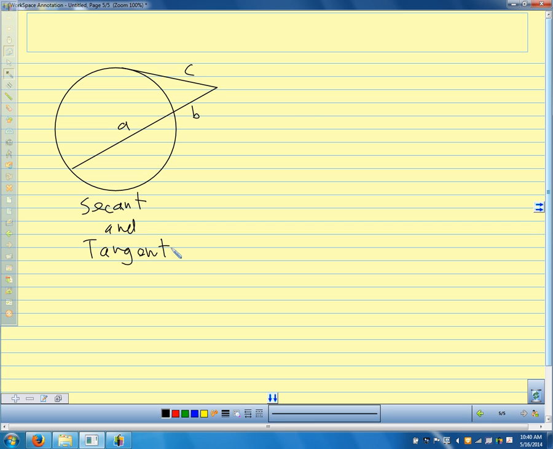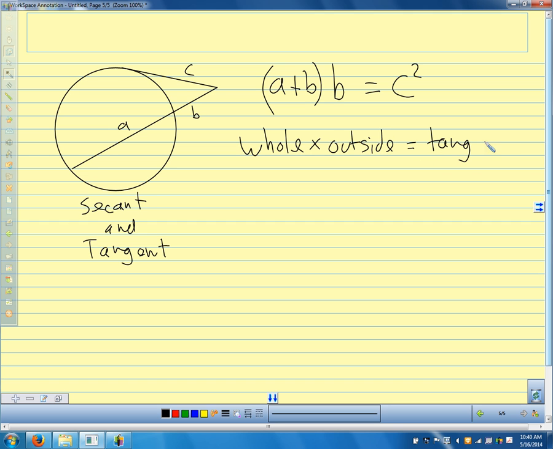So when we have a secant and a tangent, for this piece it's exactly the same as the last one we talked about. A plus B times B equals C squared. And what I say for this one is the whole times the outside equals the tangent squared.